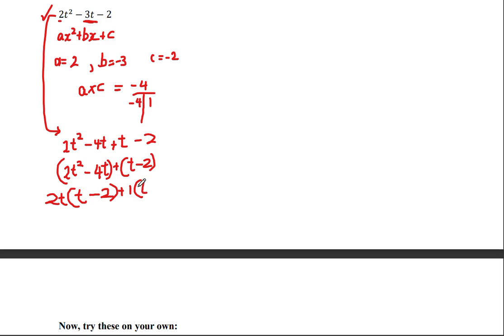Any bracket where there is no visible coefficient, it means that there's an invisible 1 in front of it. So that is where this 1 comes from, in case you're wondering. There's really an invisible 1 in front of any parentheses, any bracket, just like there's an invisible 1 in front of any variable where there's no visible coefficient.